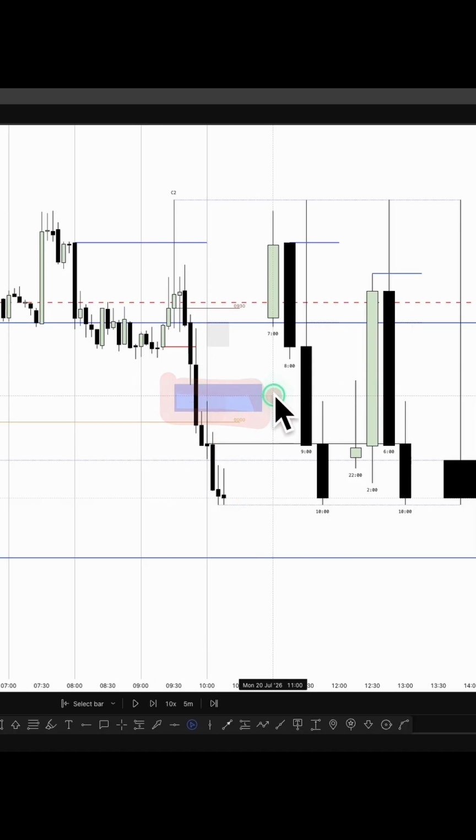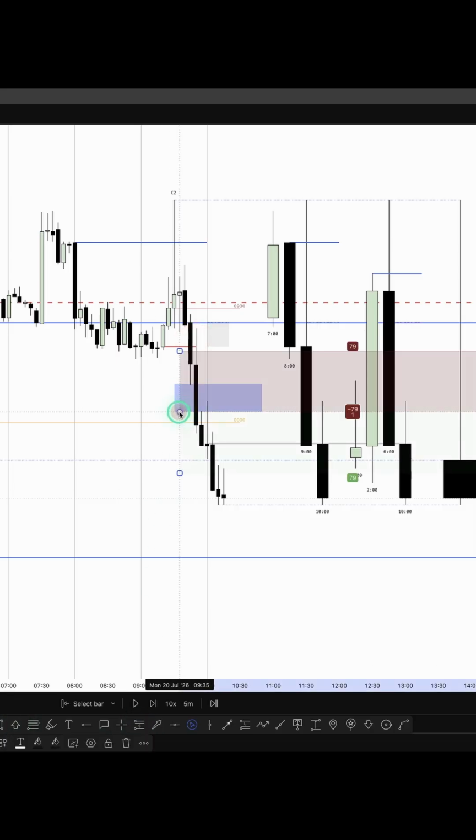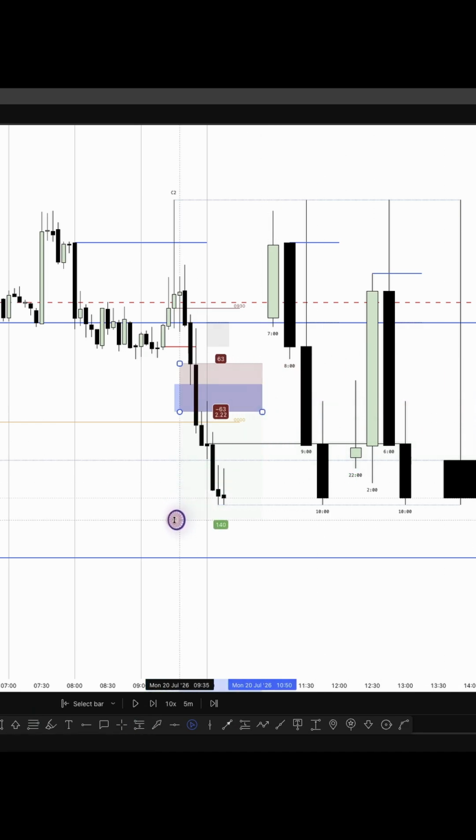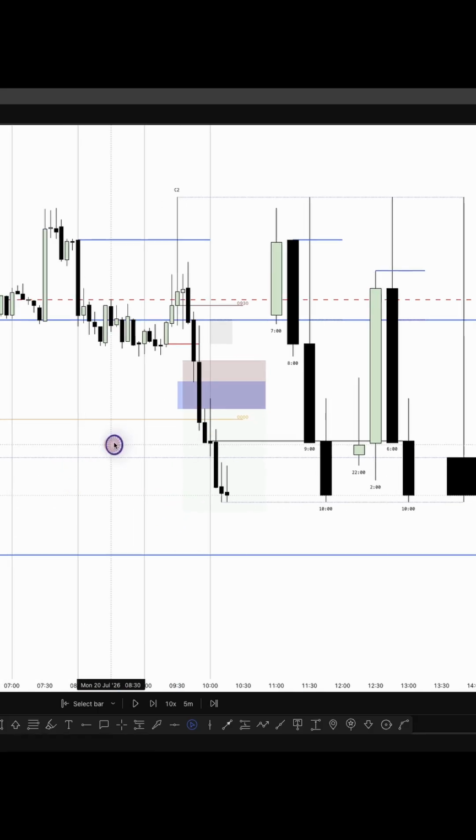You want this to be respected. My stop loss will be above that fair value up there. And when you enter, again, I've already entered up here, but when you enter, you can enter at the top of that fair value up there, and then shoot for your 2R. Your 2R is somewhere over here, right?